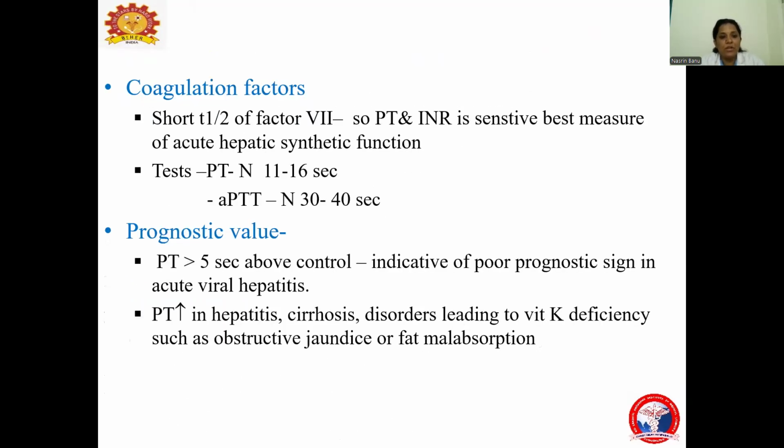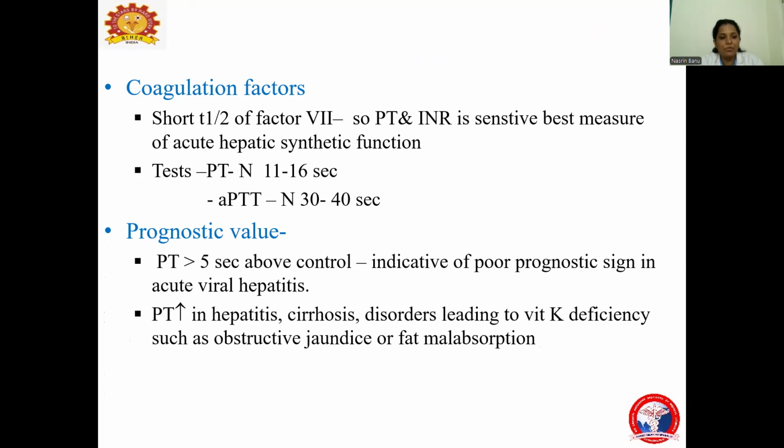Coagulation factors. The short half-life of factor 7 causes the prothrombin time and the INR to be the most sensitive measure of acute hepatic synthetic function. The normal prothrombin time is about 11 to 16 seconds, whereas the APTT is 30 to 40 seconds.